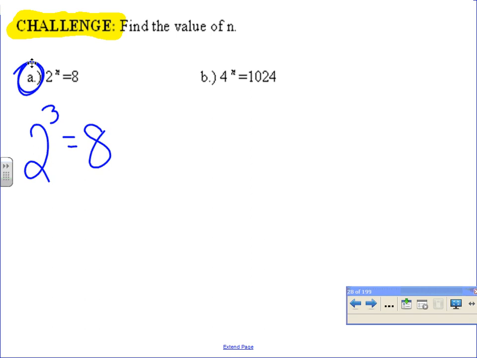So if you need to use your calculator on this one, you may. 4 to the what is 1,024. There is a trick of how to do this, but you will not learn it until Algebra 2. If you think you have it, raise your hand.